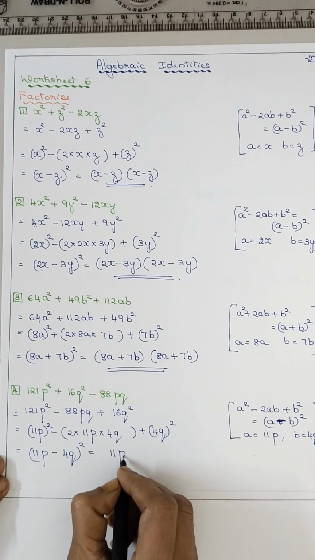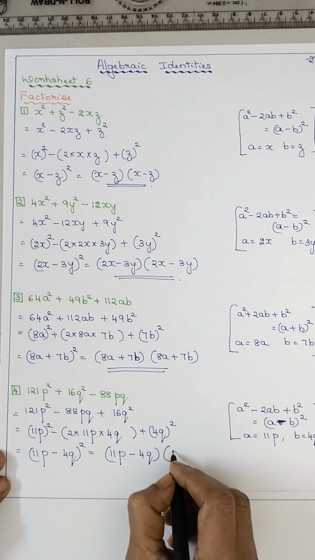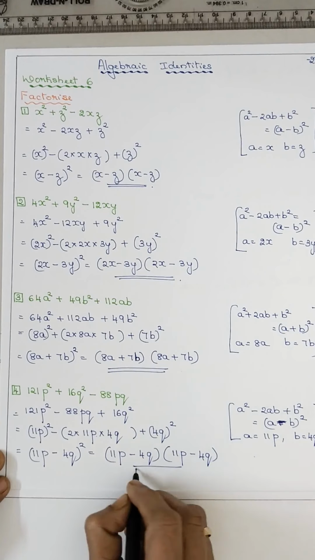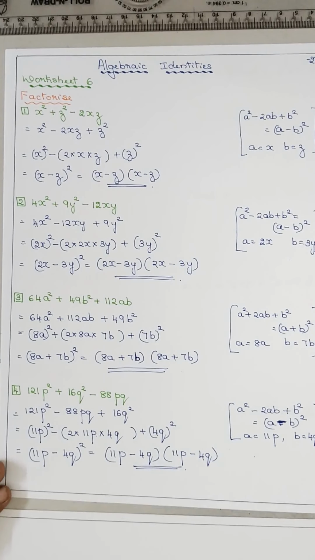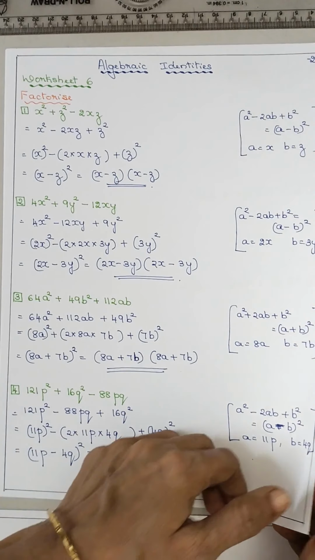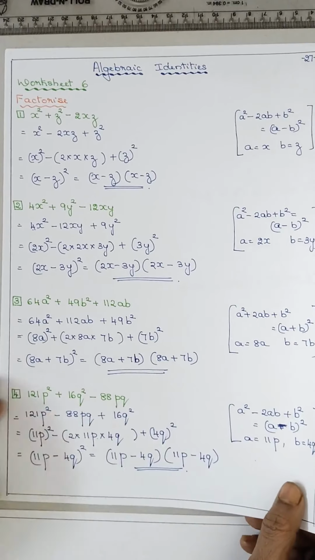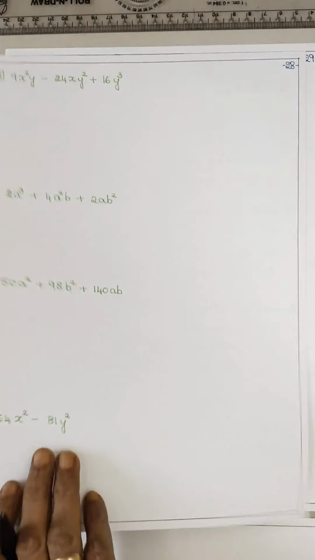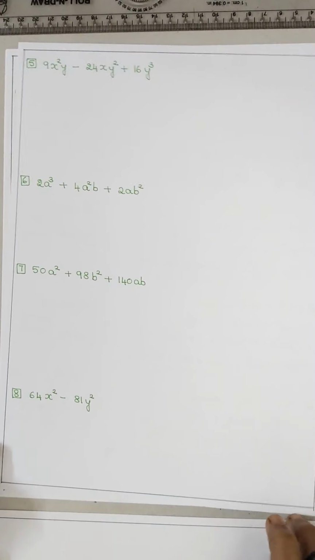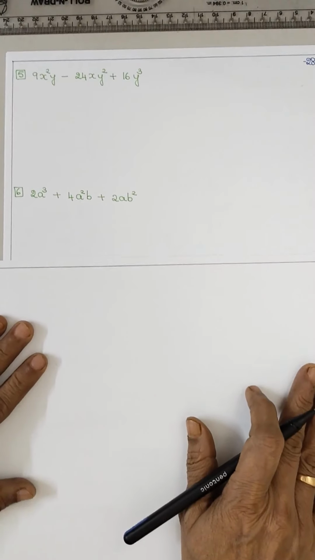It is 11p minus 4q, again 11p minus 4q. Now you are getting the confidence. First and second identity, isn't it? First find the squares, then put the values into the middle term and check whether it is equal. Now coming to the fifth sum.